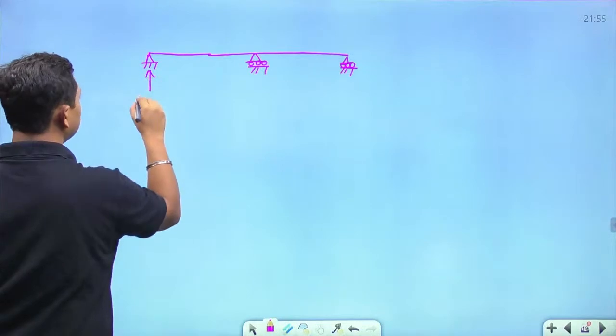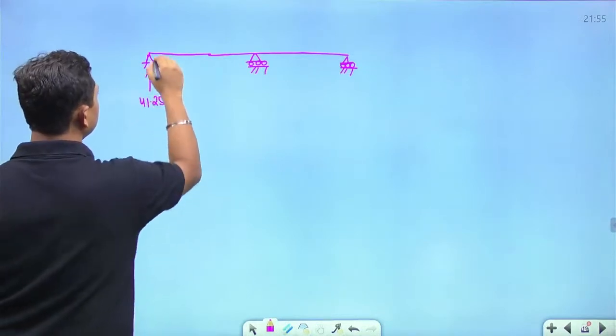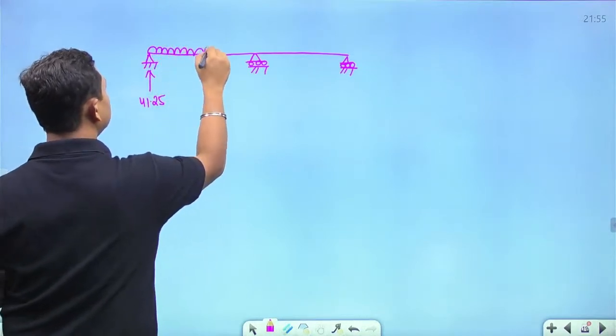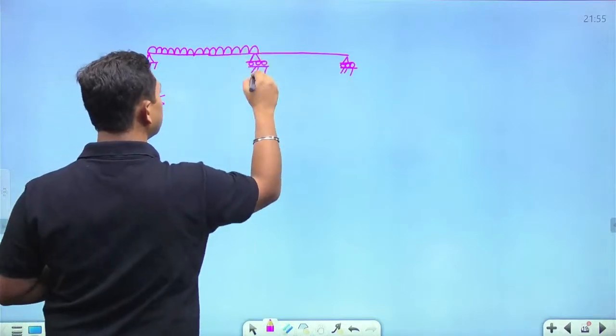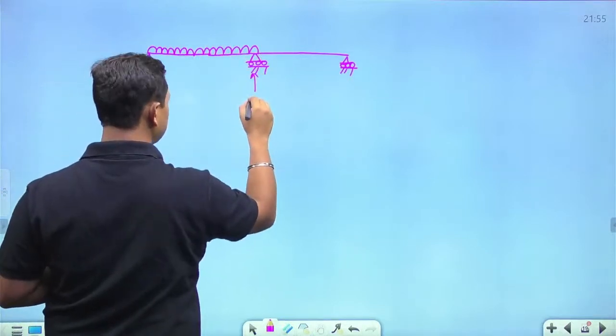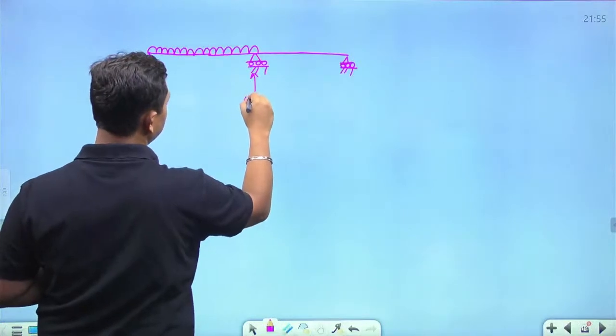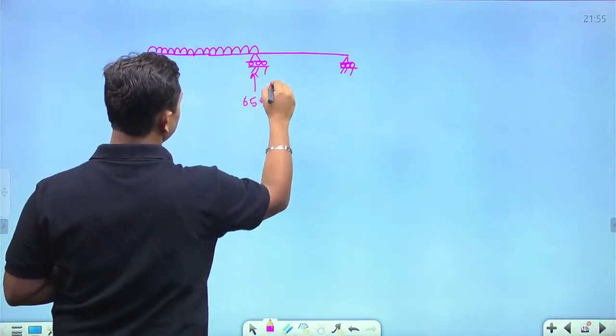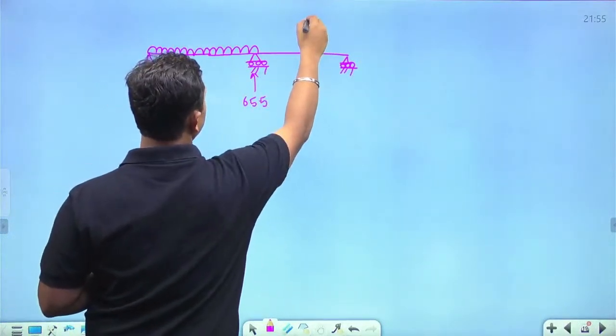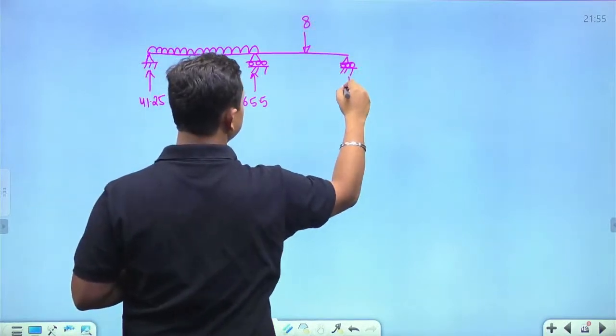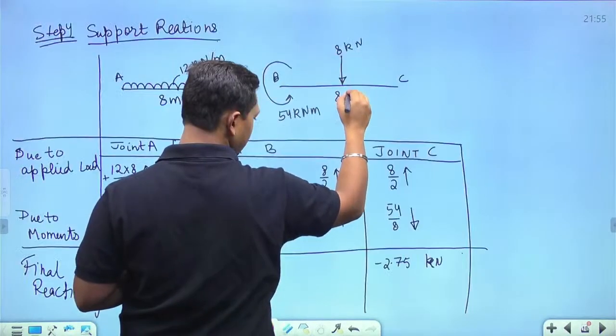Over here the reaction is 41.25. This is subjected to a UDL. Over here the reaction is 65.5. A point load over here of 8, and over here the reaction is in the downward direction, that is 2.75.